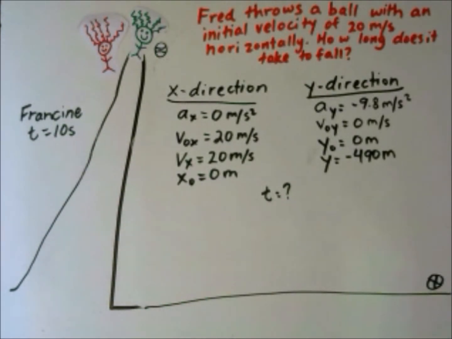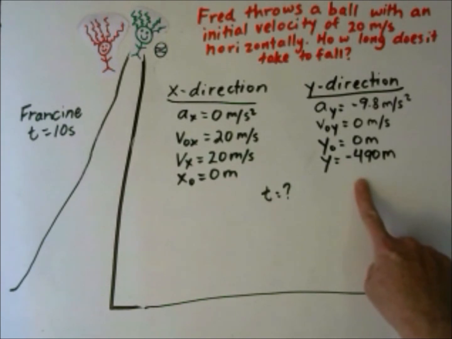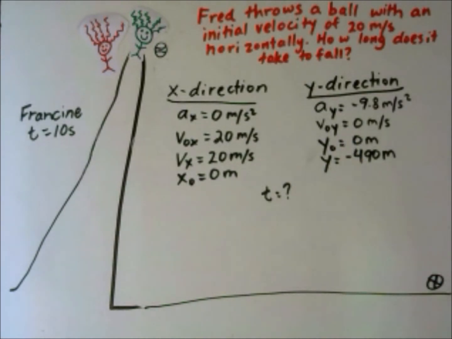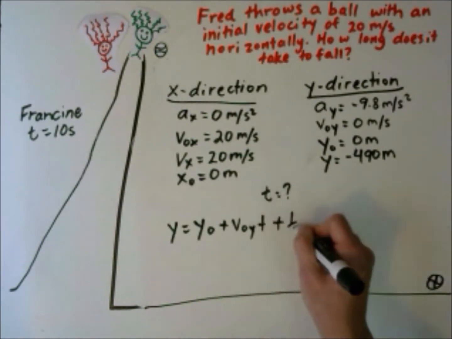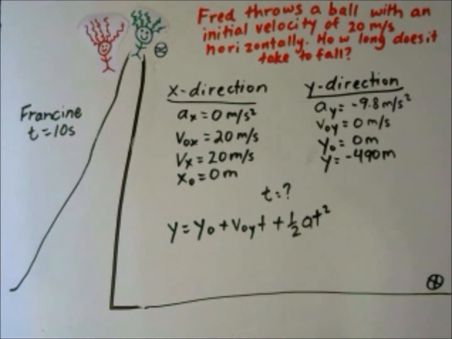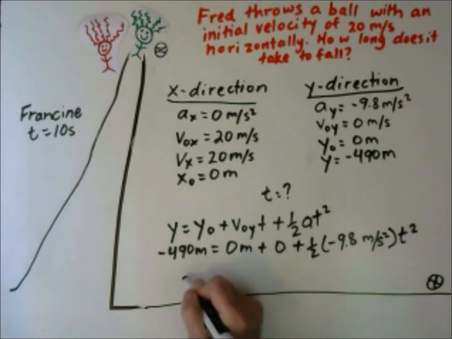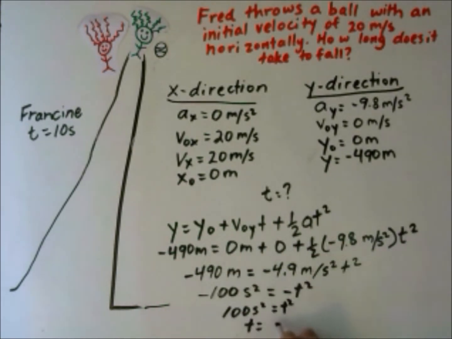So to solve this problem, we're going to have to use the y direction. And based on these variables, I'm going to pick the second equation. Now I'm going to plug in what I know to solve for t. Our final answer is the time it took his ball to fall is 10 seconds. Well, that's interesting.